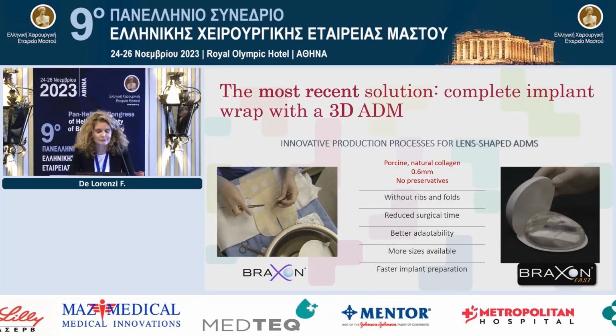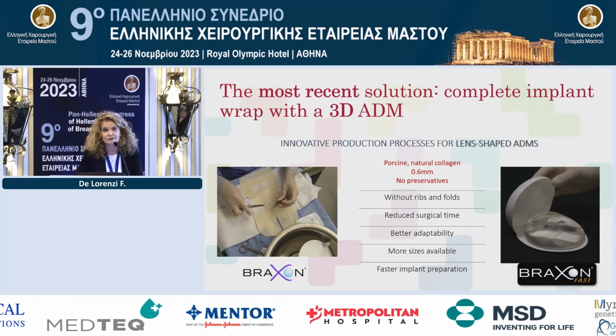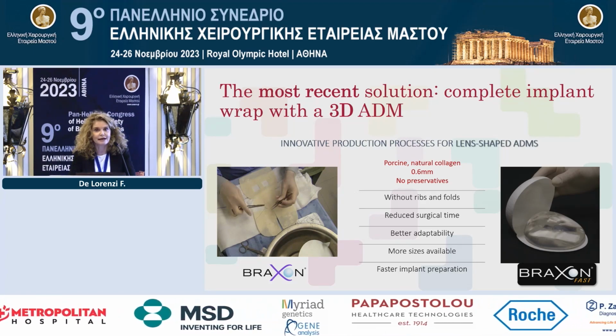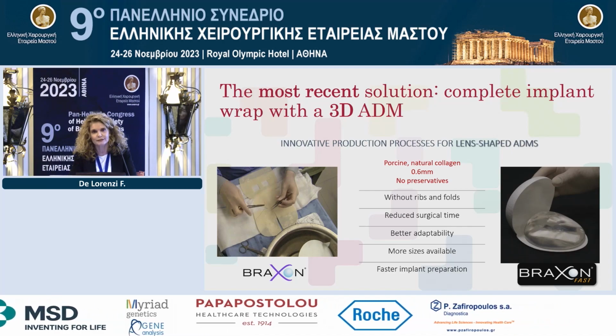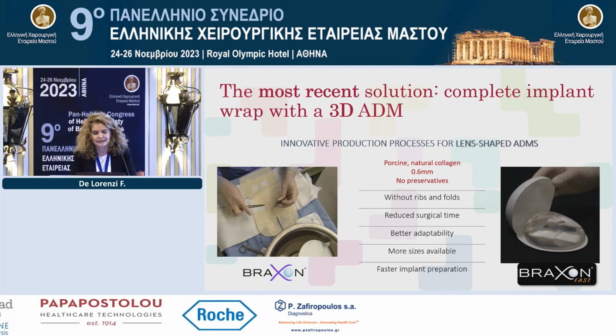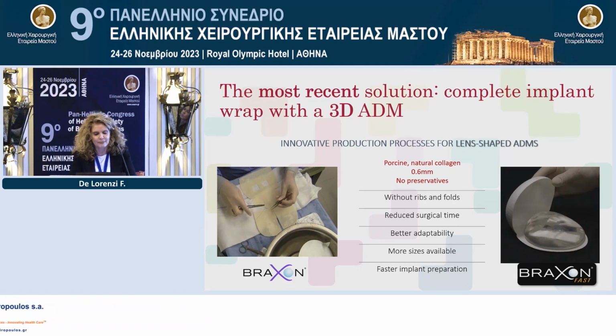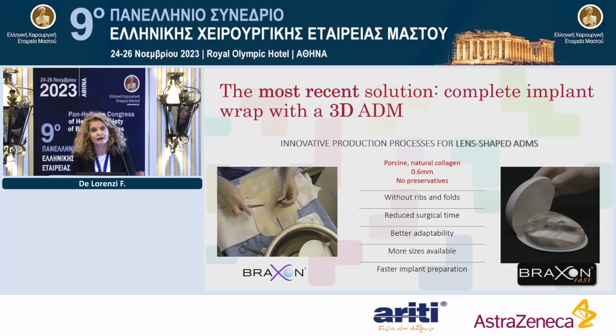We started in 2019 using the Braxon. The Braxon is a porcine ADM, a natural collagen, 0.6 millimeters in thickness. It has no preservatives, and it is provided dry. Then we moved from the flat Braxon to the Braxon Fast.